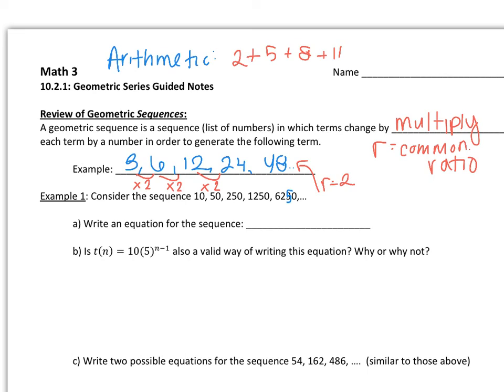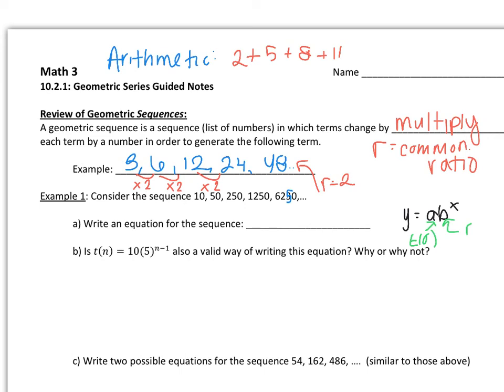So I'm hoping that you will think of our exponential function that we would write as a times b raised to the x. So if you remember here, a was that starting value, and then b is the multiplier, in this case r. A, the starting value, in this case would be the 0th term, or t of 0. So let's apply that to this sequence.